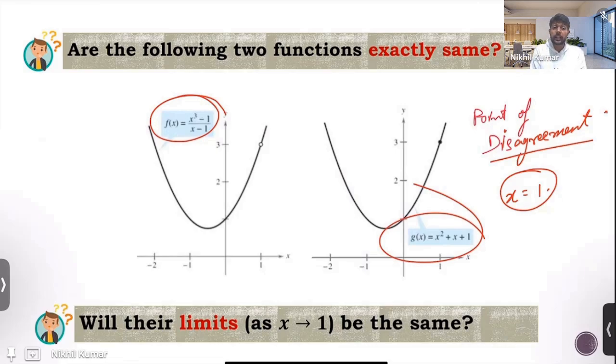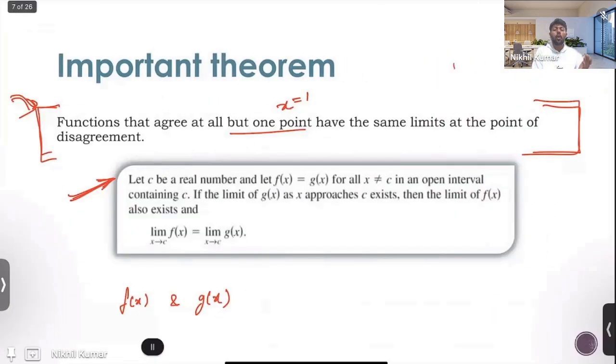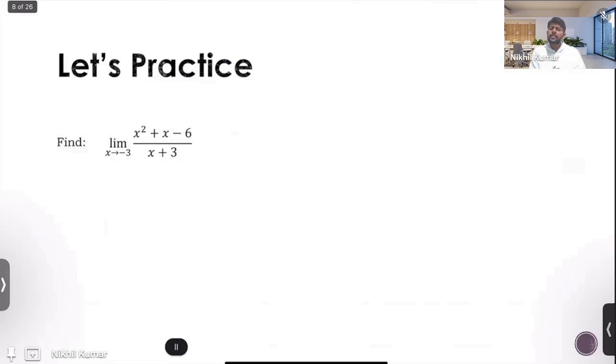Most of the students will say yes, that's true, but that's not true. So why is the limit still the same if both these functions are not the same? Now you know there is a theorem, or even graphically you can analyze and answer that.